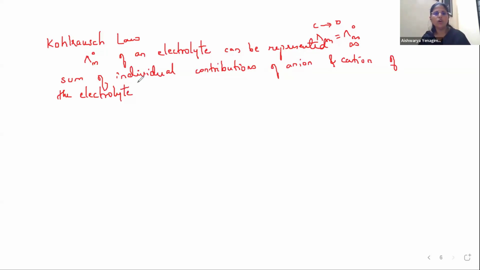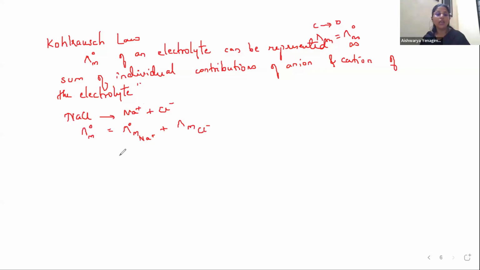So let us suppose we talk about the NaCl electrolyte. You know that NaCl dissociates into Na plus cation and Cl minus anion. So when I talk about limiting molar conductivity, it is the limiting molar conductivity of Na plus ion plus the limiting molar conductivity of Cl minus ion, the sum of the molar conductivities of both the ions.